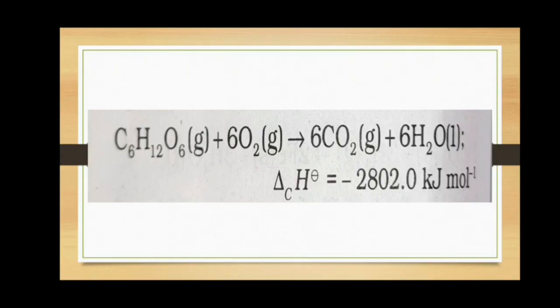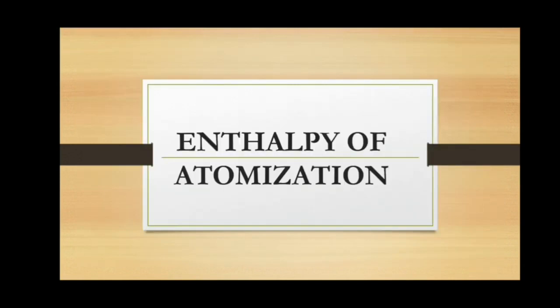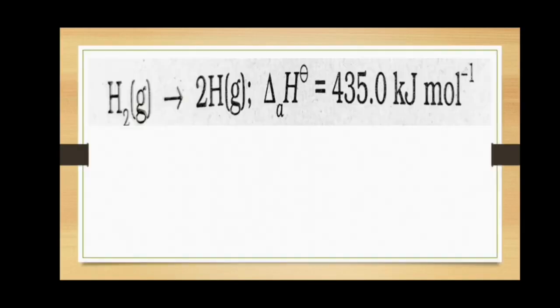Now the next topic is enthalpy of atomization. That is the second type of reaction. You can see an example here: dihydrogen, H2. The hydrogen molecule breaks down to give 2H, that is 2 hydrogen atoms.